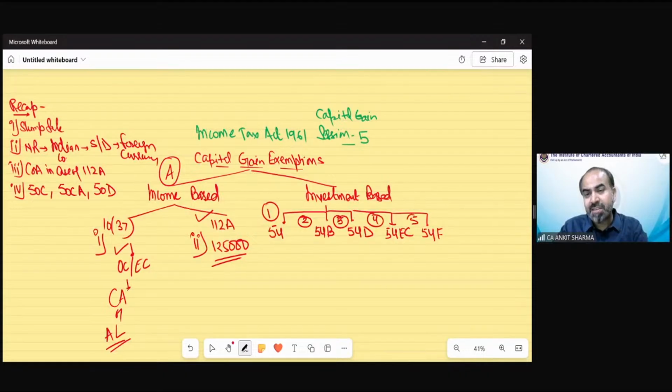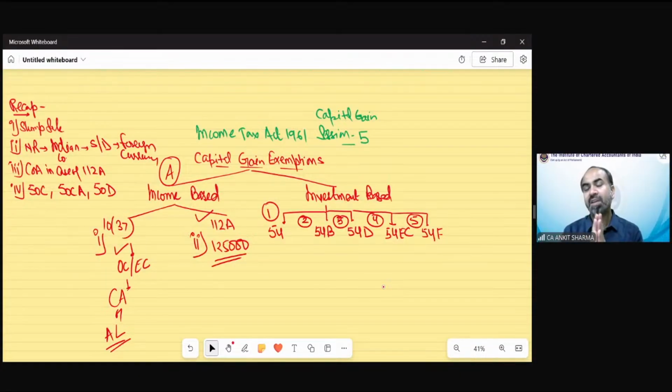These exemptions are not literally exemptions. Exemption generally means there must be some income and that needs to be exempted, whether it's agricultural income, etc. But with this second kind, investment-based exemption, you can claim it if you invest in a certain property or an asset.